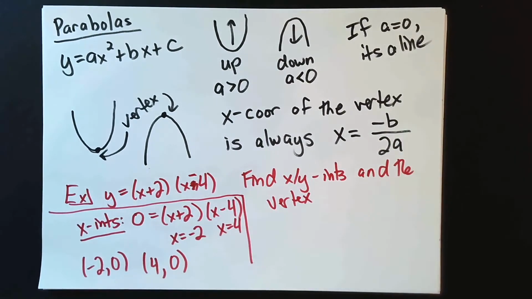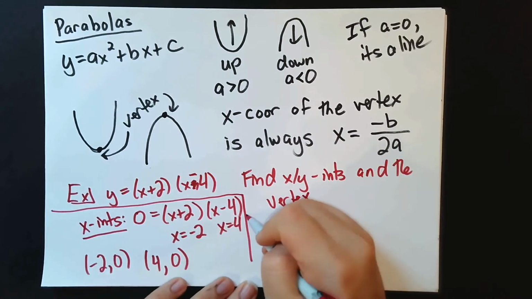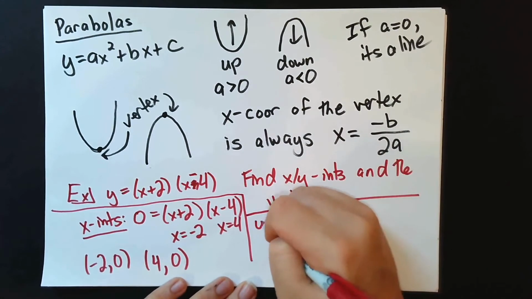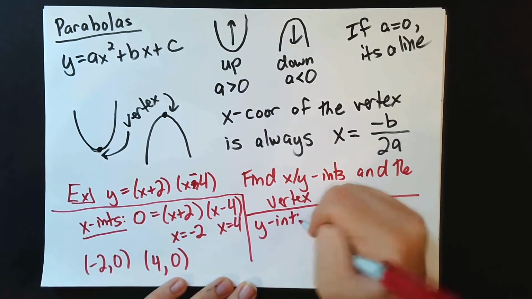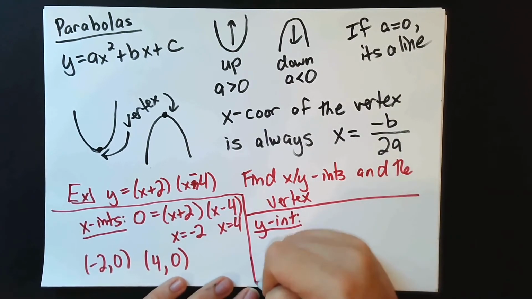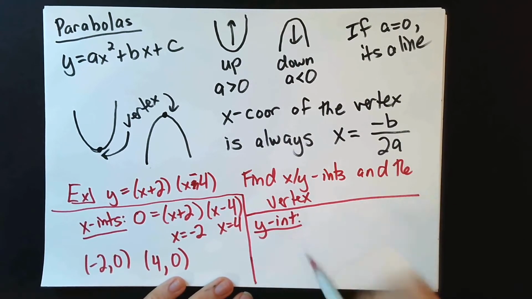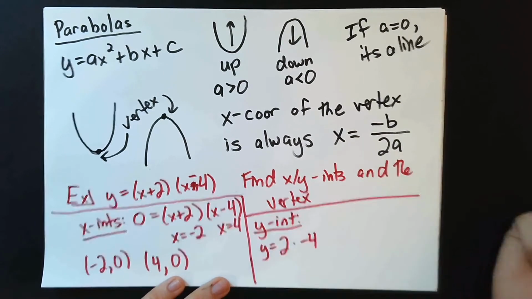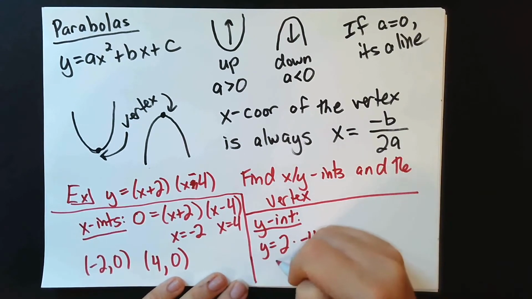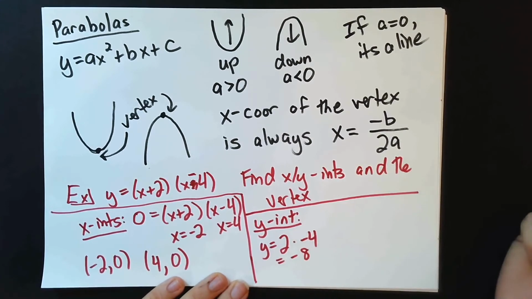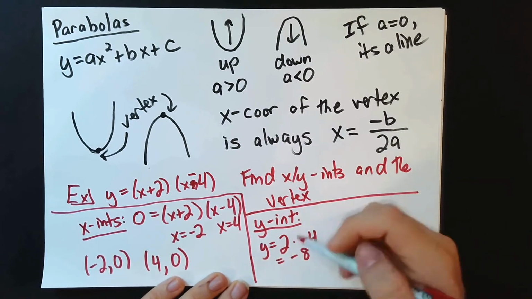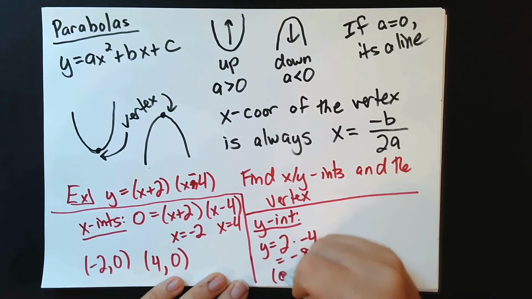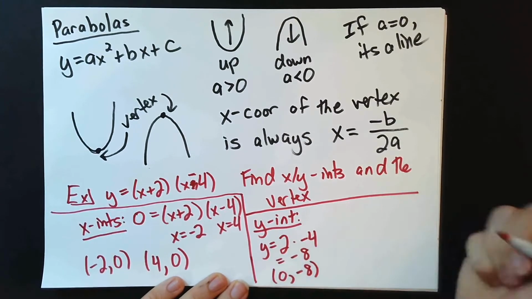For the y-intercept, remember the y-intercept always corresponds to the output that you get from the input 0. So namely, it's telling you when x is 0. And so you'll get y is plus 2 times minus 4, which is to say minus 8. And so that is to say that the y-intercept is at 0, comma, minus 8.